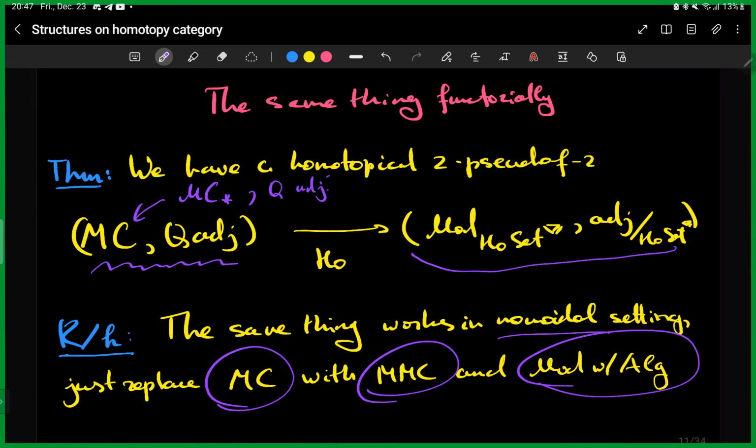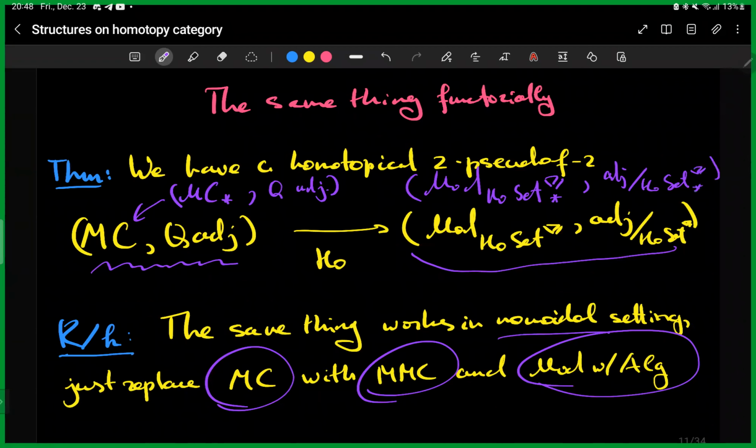Here we still consider Quillen adjunctions, but the ones which preserve this pointed structure. And here we would get a functor not into modules over the homotopy category of spaces, but into modules over the homotopy category of pointed spaces, with the adjunctions which preserve this module structure.